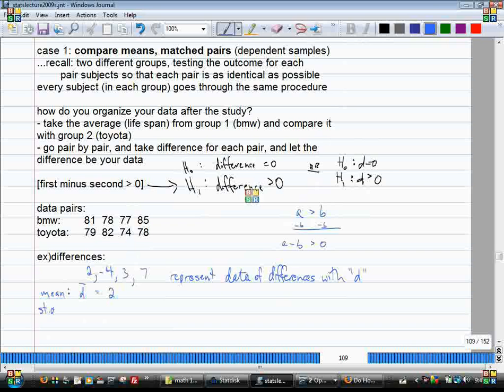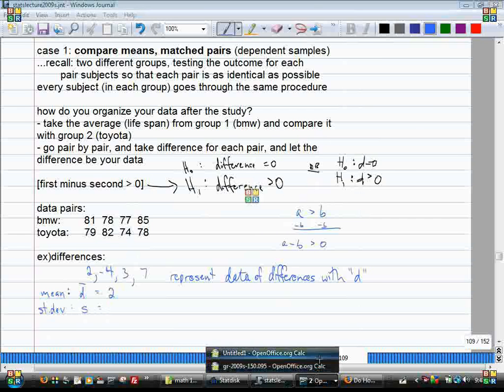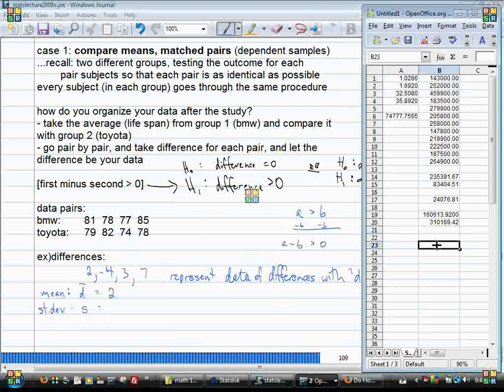Next, what do we have to calculate? The standard deviation, and that notation is still S. So how do you find the standard deviation? Okay, so we have 2, -4, 3, and 7.